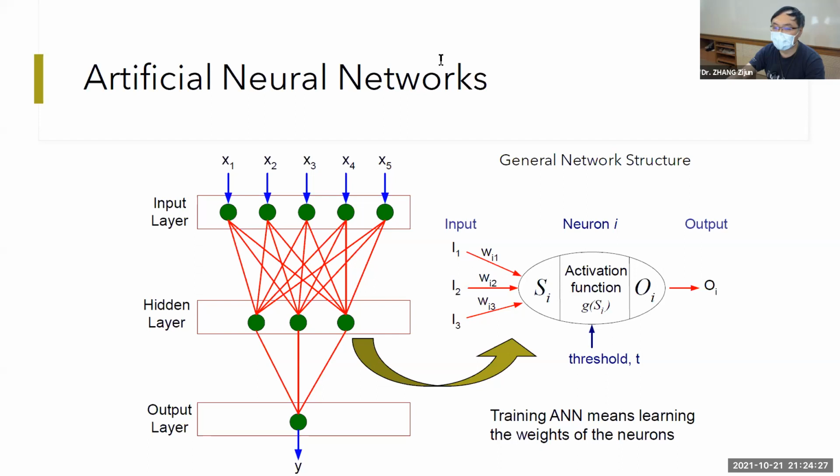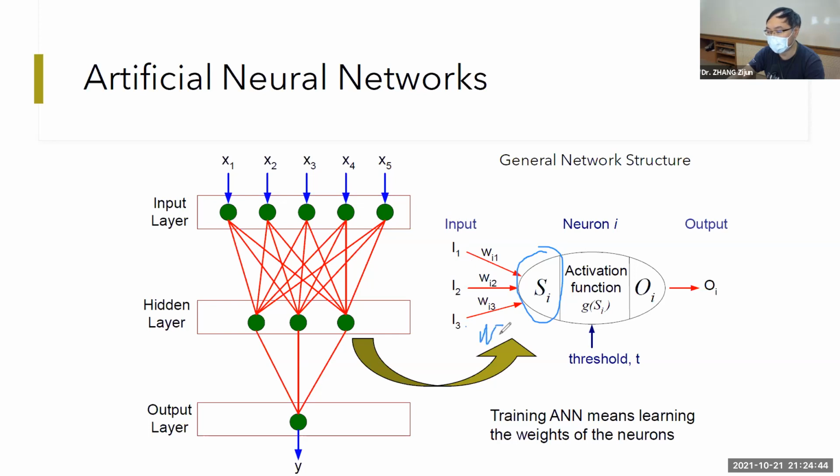And then let's look at the meaning of each neuron. Each neuron has the following components. First, it has a receiving side. This receiving side takes the weighted average of the input.